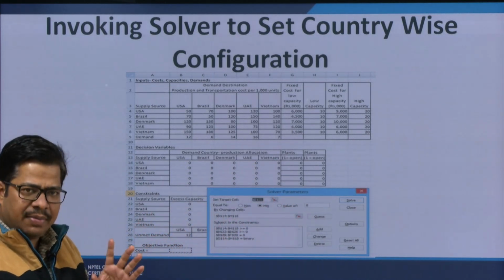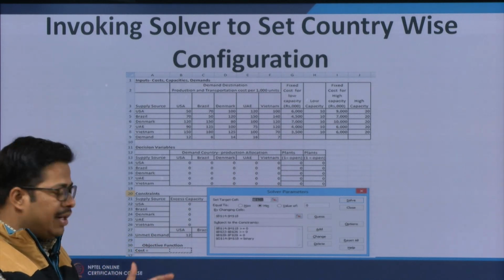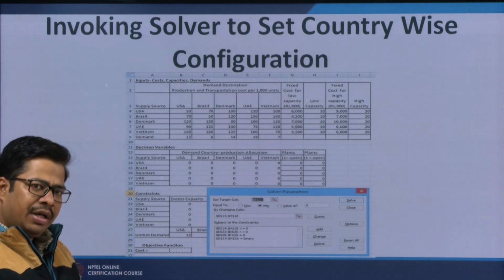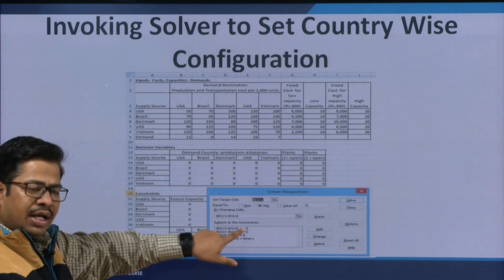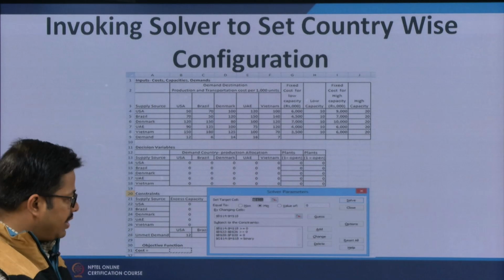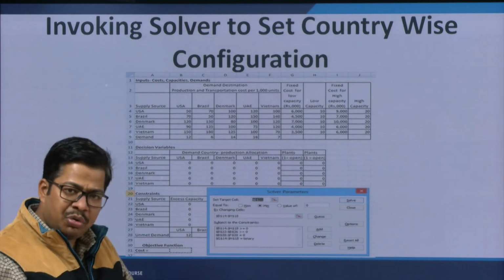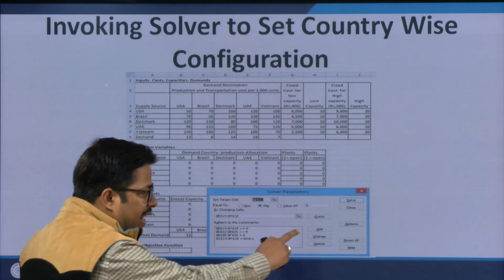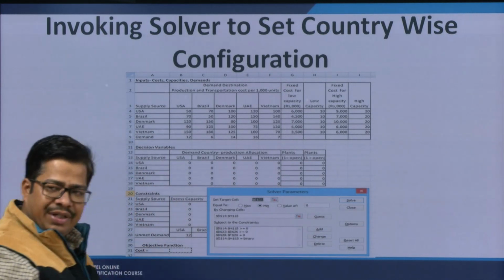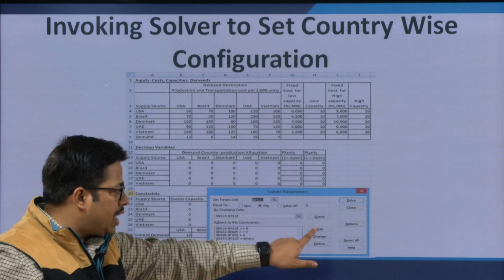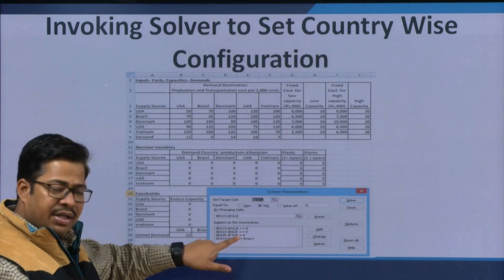All these decision variables are non-negative, they can be either 0 or any positive value. So, the first constraint represents that these are non-negative decision variables. You need to use this add button here for writing the constraints.